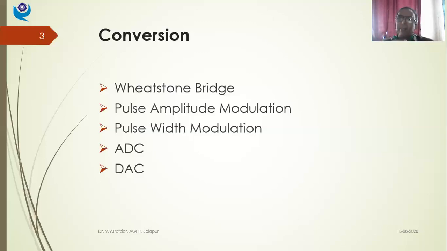This is the sensing and transduction part in the strain gauge. Thereafter, I connect this strain gauge to one of the arms of the Wheatstone bridge. So what does the Wheatstone bridge do now? The Wheatstone bridge converts this change in resistance into voltage change of the bridge, isn't it?